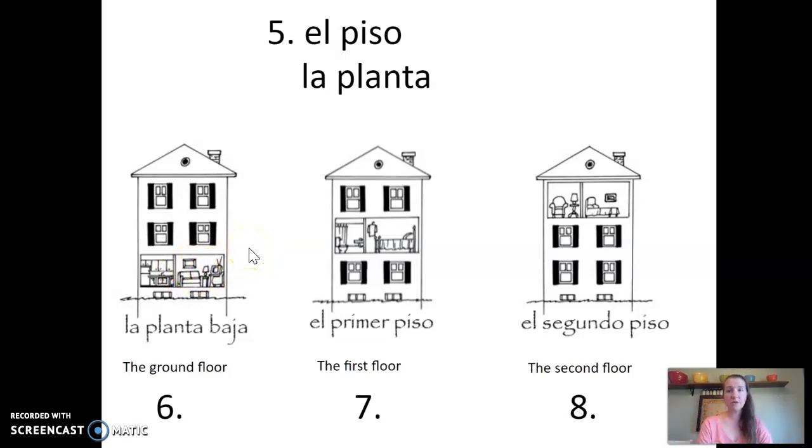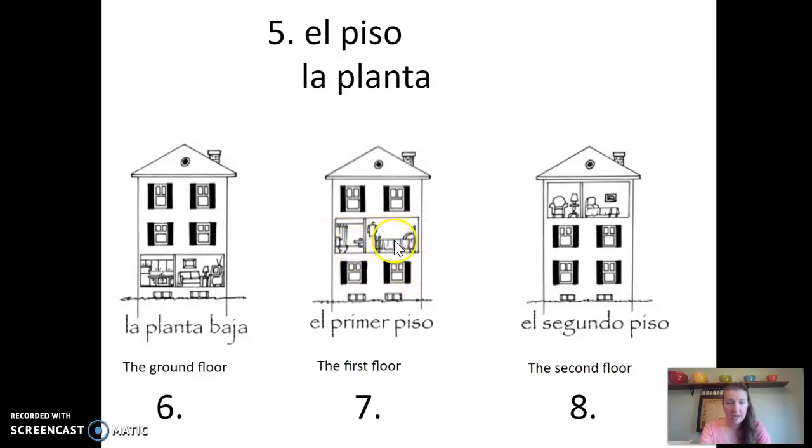And so the names for the floors in most European countries, not just Spain, are a little bit different than the way that we name floors of a building here. So la planta baja is the ground floor. So that's the level that you would walk into a building. Okay, so you can see the living room, the kitchen, all right? That's la planta baja, and that means the ground floor, okay?